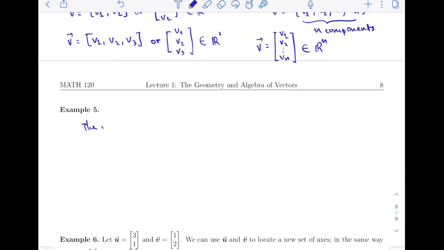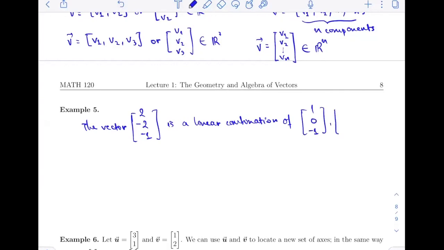The vector (2, -2, -1) is a linear combination of the three vectors (1, 0, -1), (2, -3, 1), and (5, -4, 0).